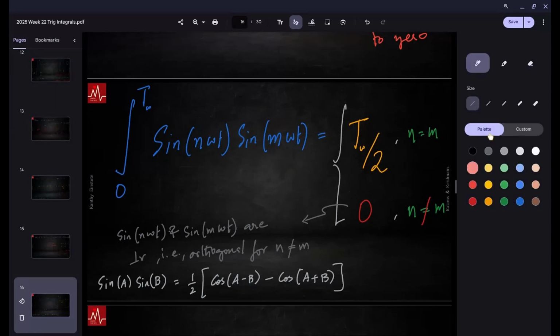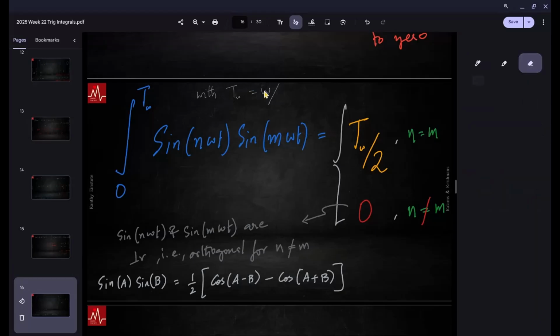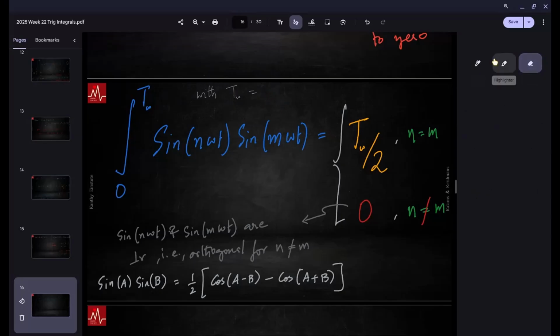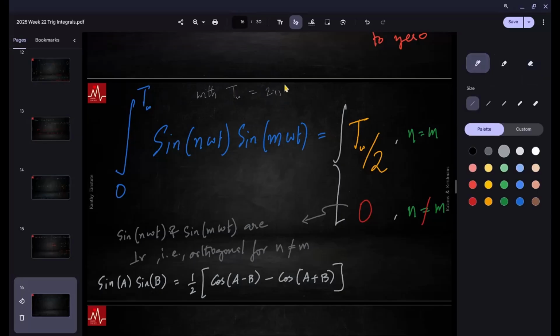And the condition is important, so let me write it: where T is 2 pi by omega, and integer n and m. Okay, sounds good.